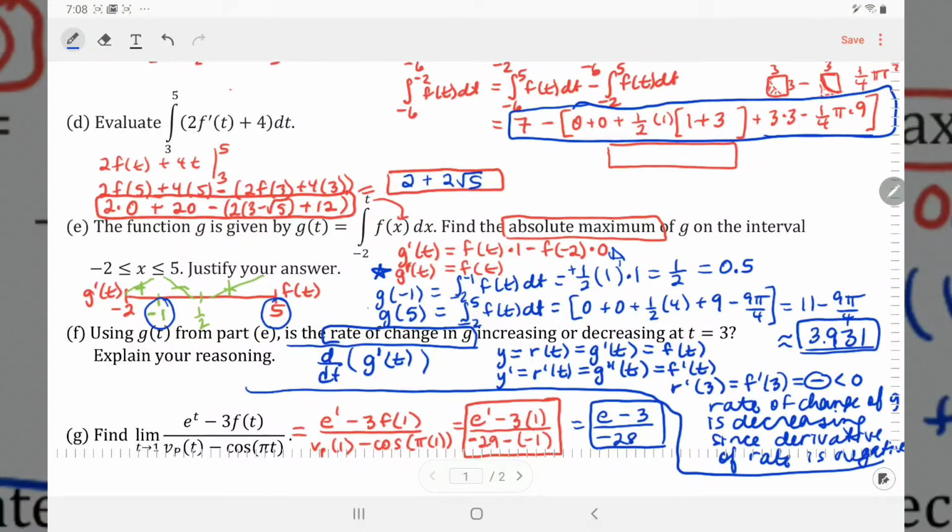So this one, if you typed it into the calculator, is 6.472. And then this one, 7 minus, that's 4, negative 4, minus a negative, plus 9 pi over 4. I'm going to type the whole thing in just to check, but I wouldn't do this if I were you.